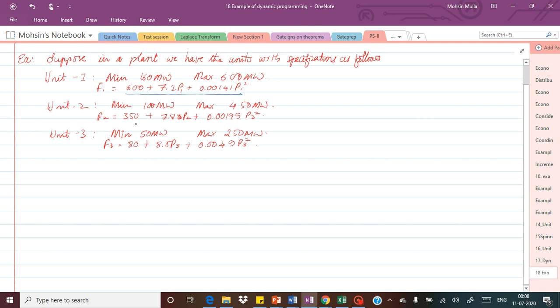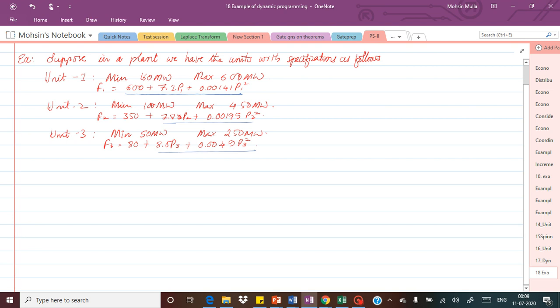Likewise for unit 2, a fixed component and the variables, and also for unit 3. When we talk about dynamic programming, this constant value is going to remain the same in all the combinations. Whatever cost characteristics come, this will be added as it is. That means it is not going to change in any way.